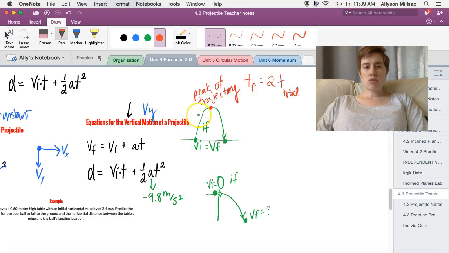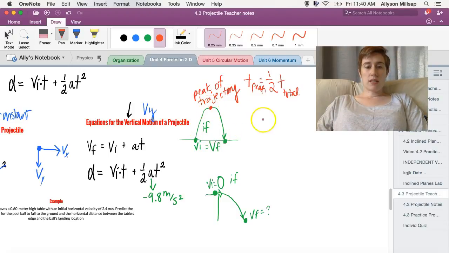If it takes me 2 seconds to throw the ball up to the top, it'll take 2 seconds to throw the ball back down. The total time is 4 seconds. So my peak time is half of my total time. Oops, I said twice. I didn't mean that. I meant half. Sorry. It's half my total time. Okay.